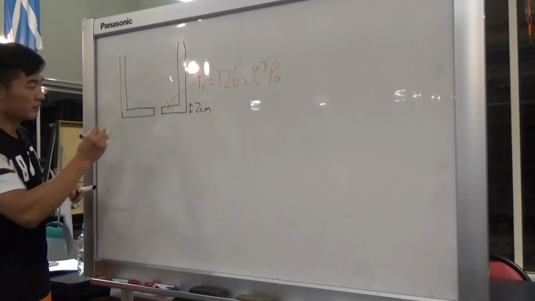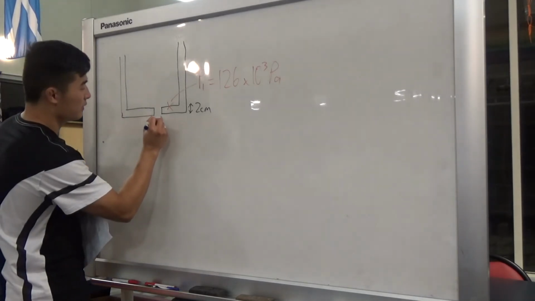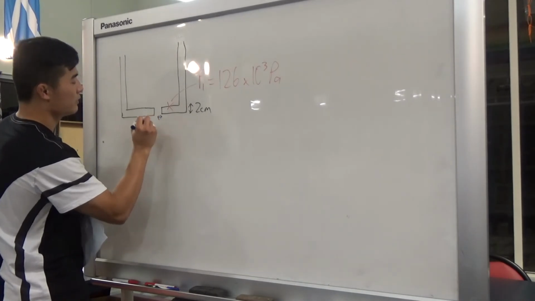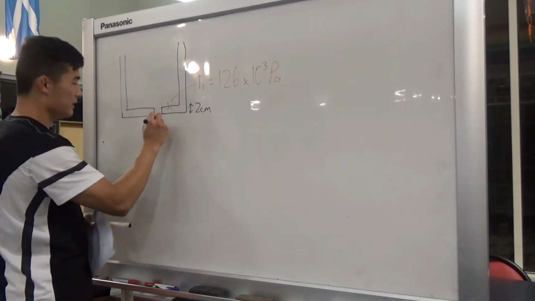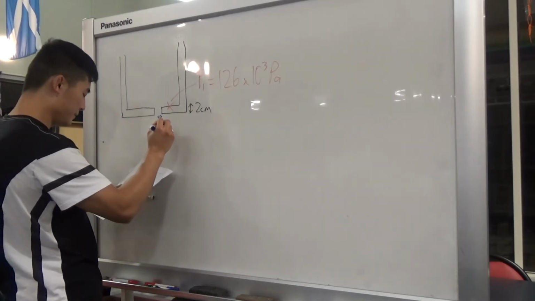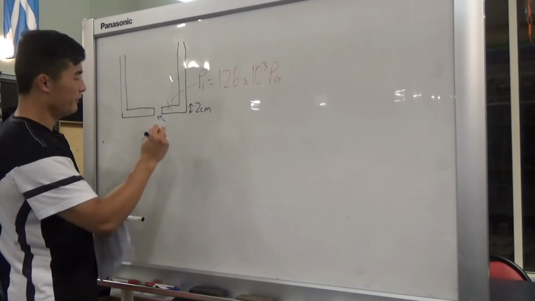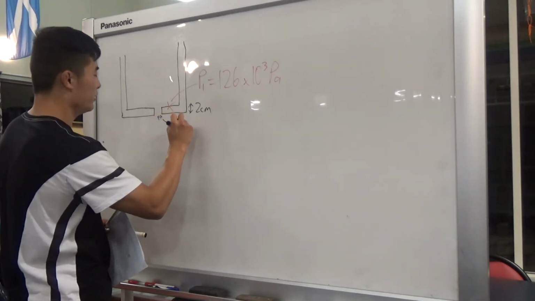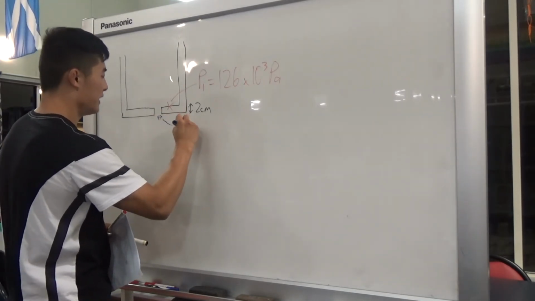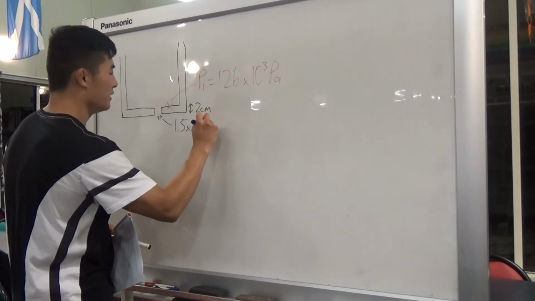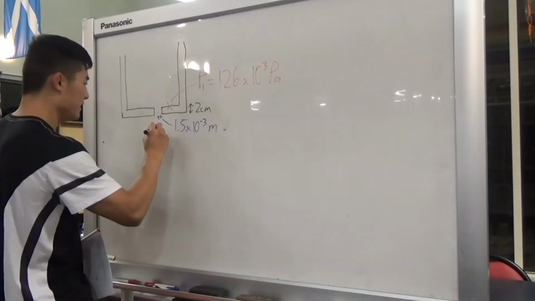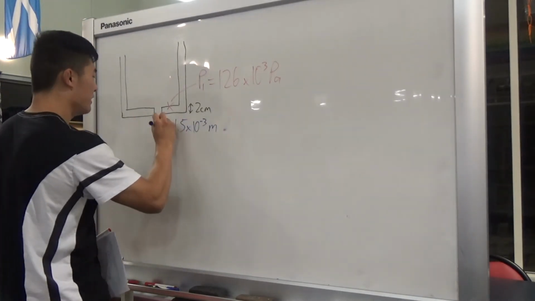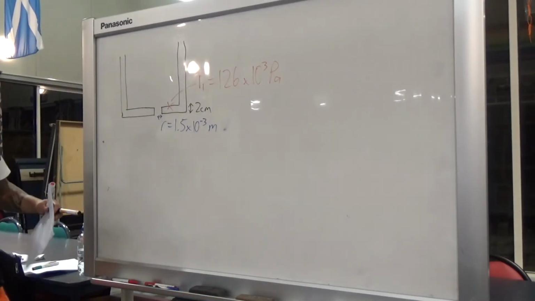So not the full length, but half of it, half the hole, is going to be the radius, which is 1.5 millimeters. So that's 1.5 times 10 to the negative 3 meters. So that's your R. R equals 1.5 times 10 to the negative 3.